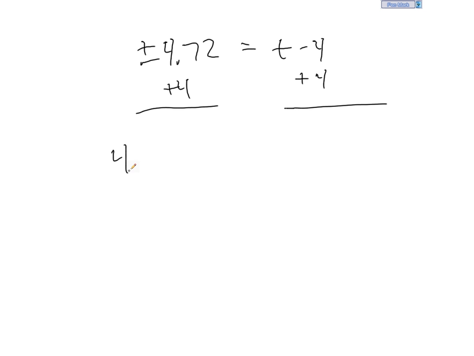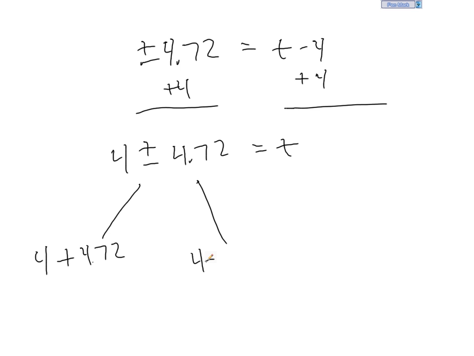And I get 4 plus or minus 4.72 equals t. And so I have two possibilities. I can do 4 plus 4.72 or 4 minus 4.72. If I do 4 plus 4.72, I get 8.72. And if I do 4 minus 4.72, I get t equals negative 0.72.